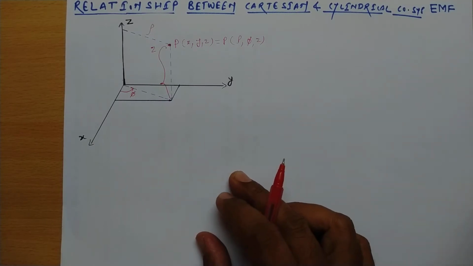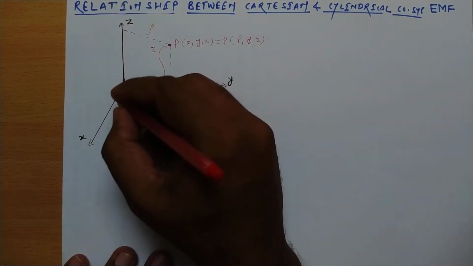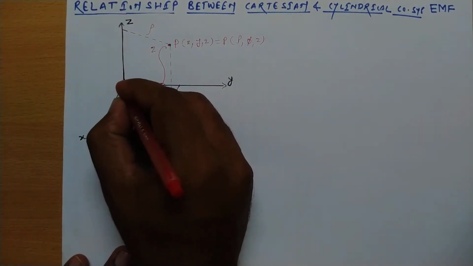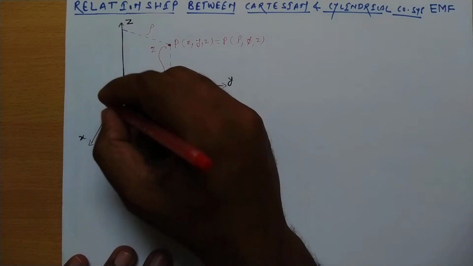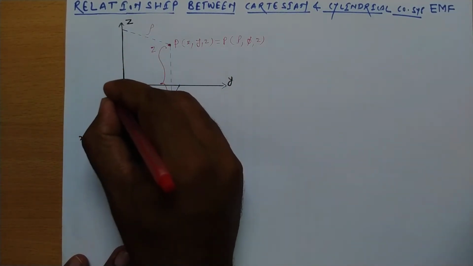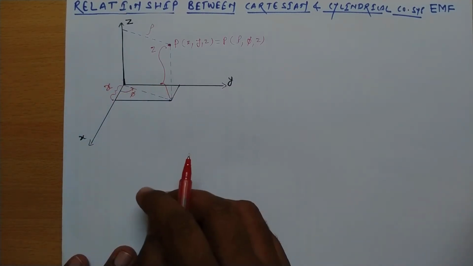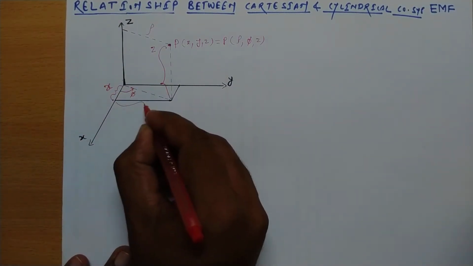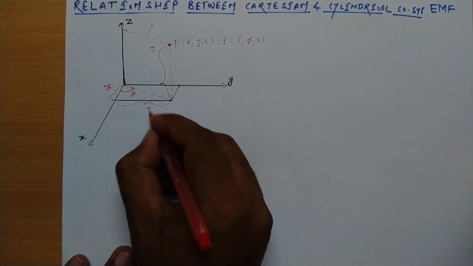Now I can define this amount here. This is x, and this is y.